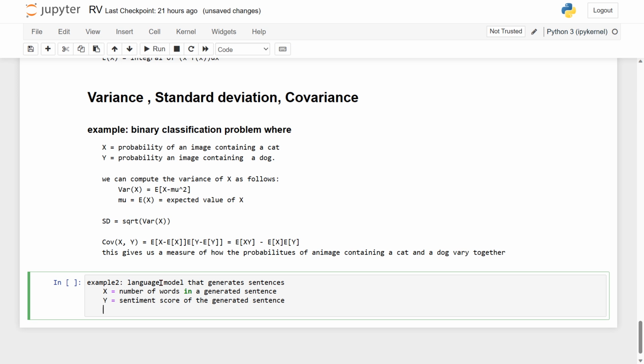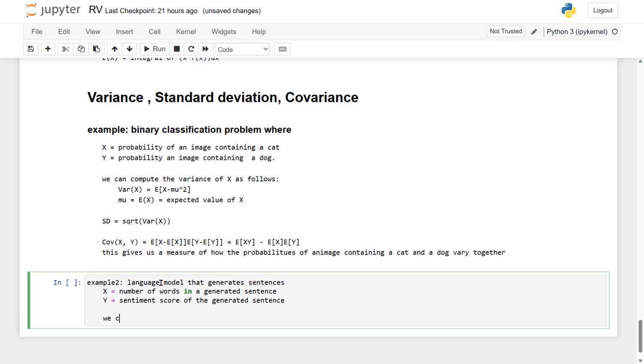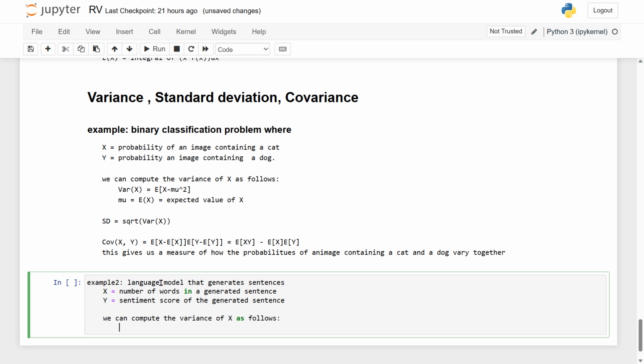So we can compute the variance of x as follows. So this time of course we can use a similar formula. So variance of x is equal to E of (x minus E of x) squared, or instead of E of x you can put mu.